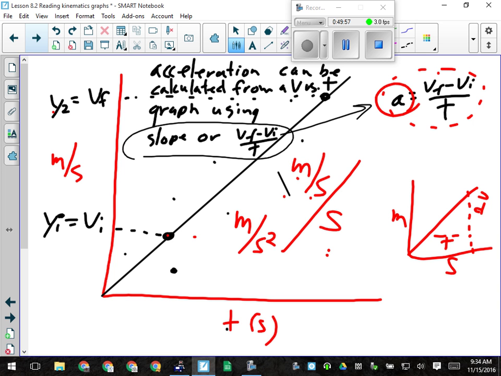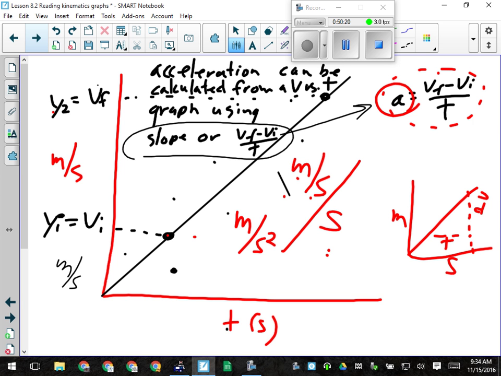All right, now we got to look at units. What are the units for acceleration? Meters per second per second. Because when I divide the change in y, which is going to be VF minus VI, that's going to be in meters per second.